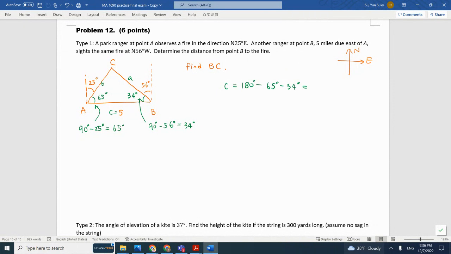You can plug this in your calculator. You get 81 degrees. All right. So we know angle C is 81 degrees.